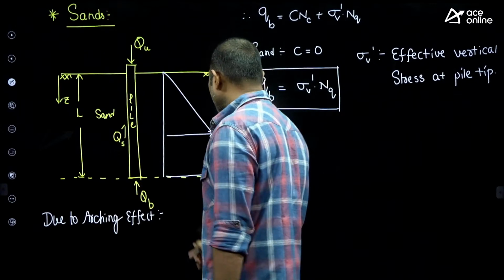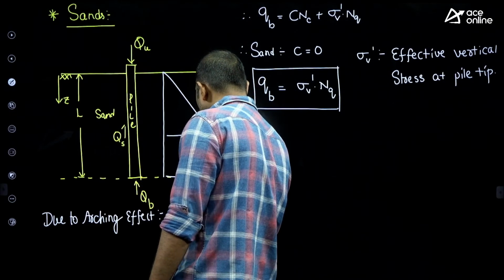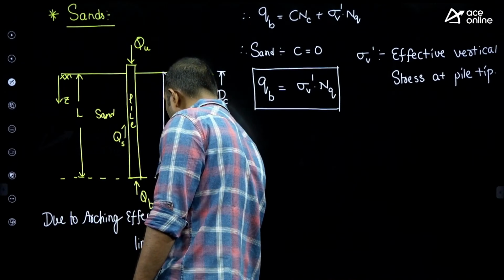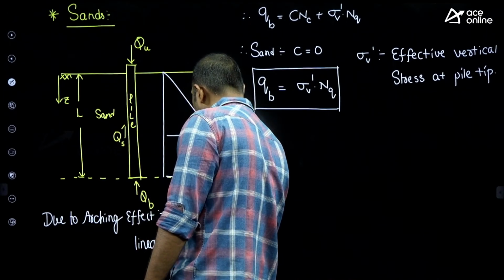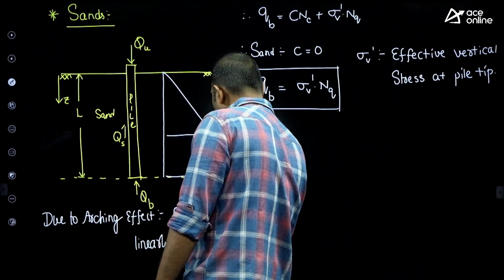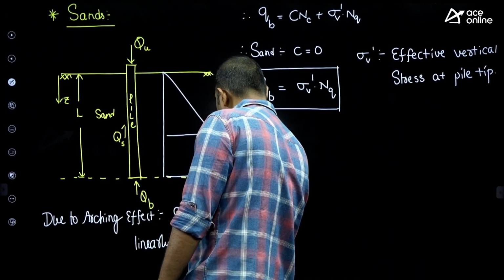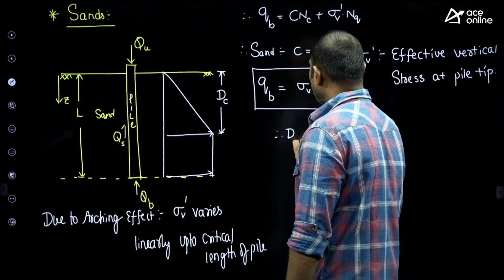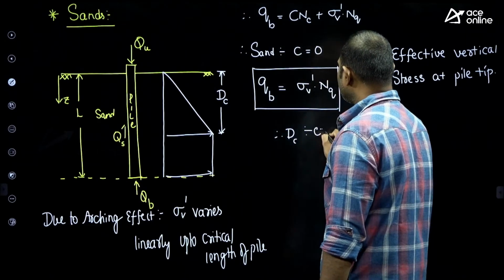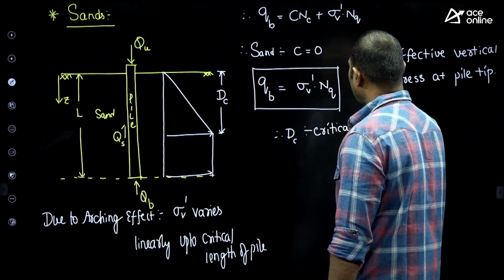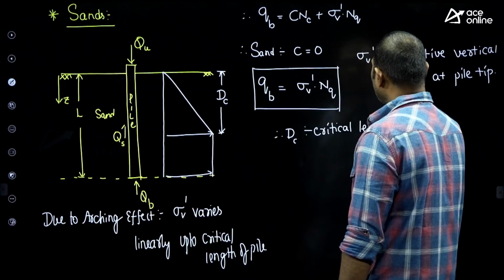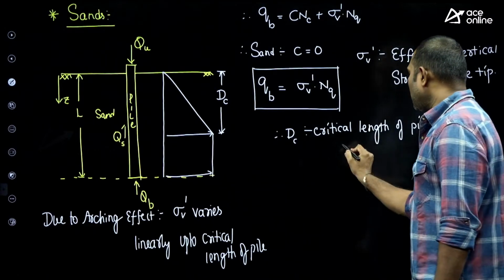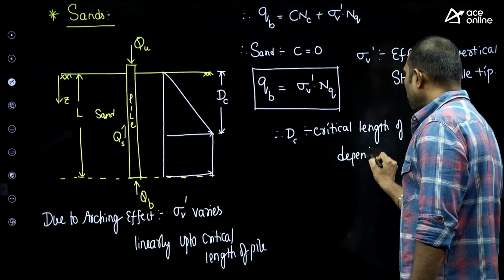Due to the arching effect, vertical stress varies linearly up to the critical length of the pile, and this critical length of the pile, DC, is known as the critical length of the pile. This critical length of the pile depends upon the denseness of sand.